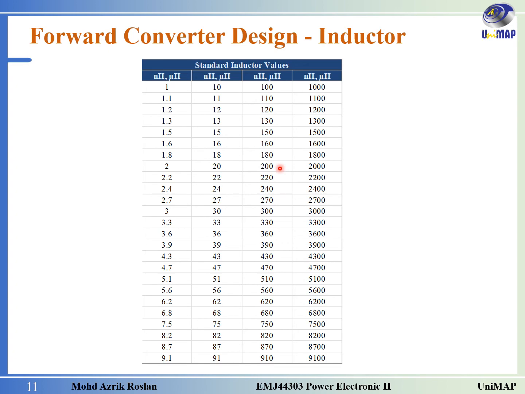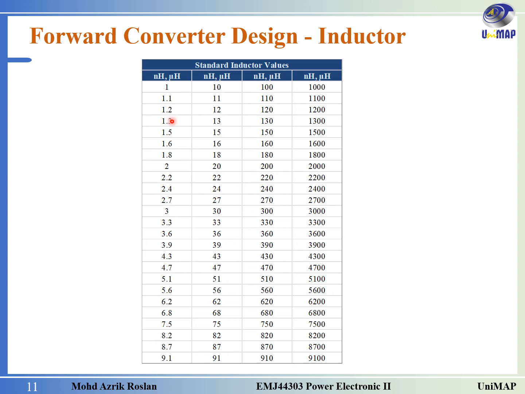Okay, and then when you manage to find the value of the inductor, for the design process usually we will use the standard inductor value. We cannot just simply use, let's say, 1.23 microhenry.